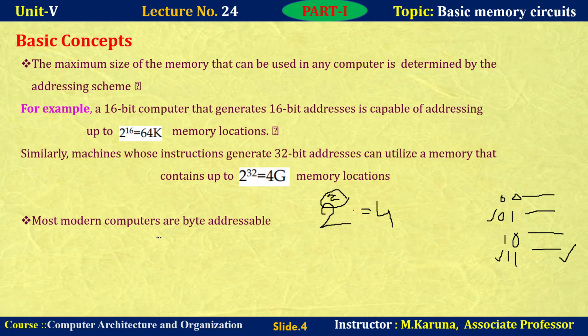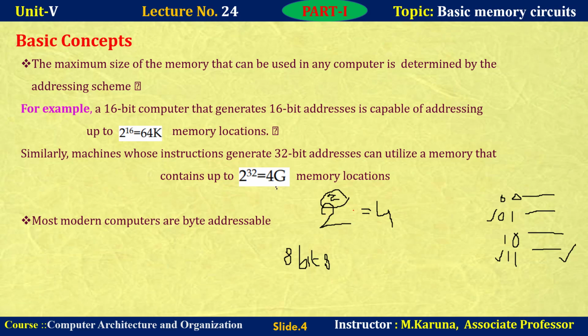Most modern computers are byte addressable, meaning each memory location stores 8 bits. 8 bits we can call 1 byte. Each memory location stores 1 byte. That's what 64 KB means here: 64K locations used to store 64K bytes.